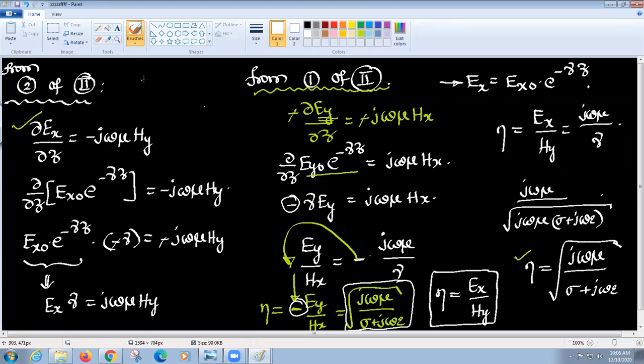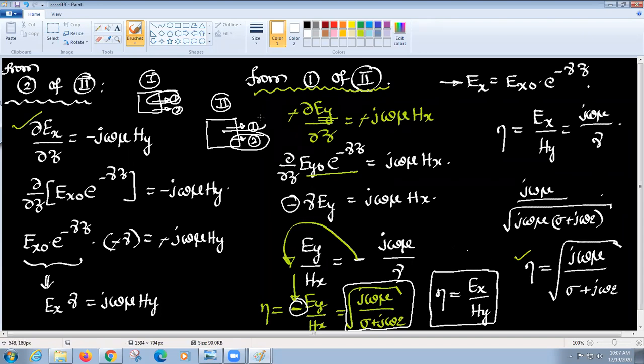So under Roman one you have two equations, one and two, that we saw already, and we took Roman two, and again we have two equations, one and two. If you take two of two, or one of one, you will get Ex by Hy for eta, and that is this.